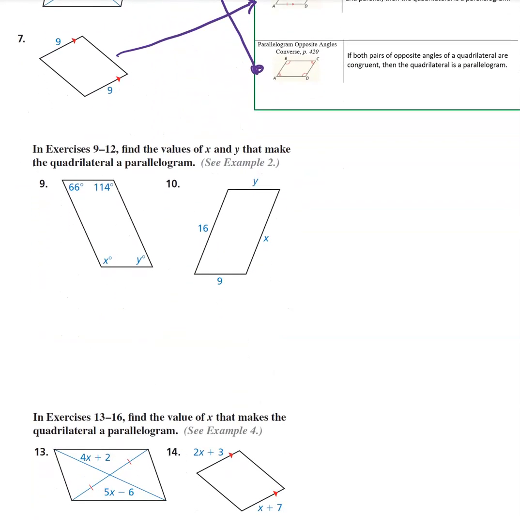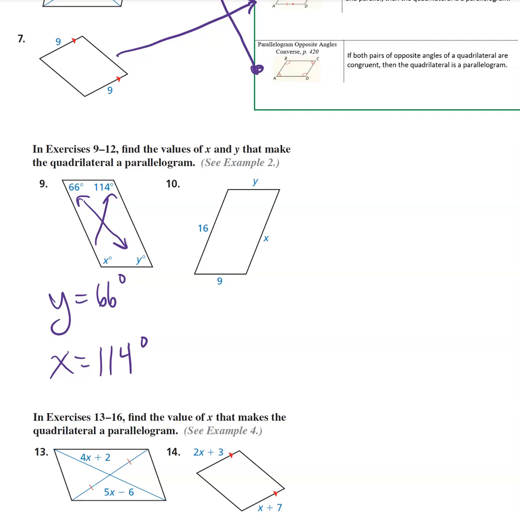Okay, here it says, find the values of x and y that make the quadrilateral a parallelogram. Looking at number 9, they're telling us about the angles. The parallelogram opposite angles converse says that if the opposite angles are congruent, then it's a parallelogram. So y would need to equal 66 degrees, and x would need to equal 114 degrees.